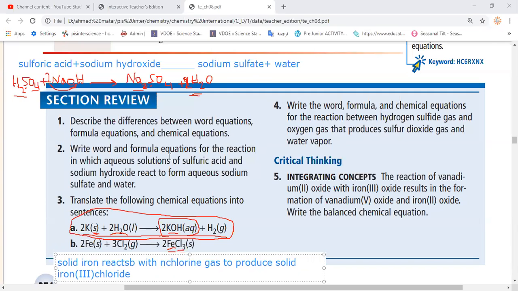He just asked you to write the formula equation and the word equation for that reaction.